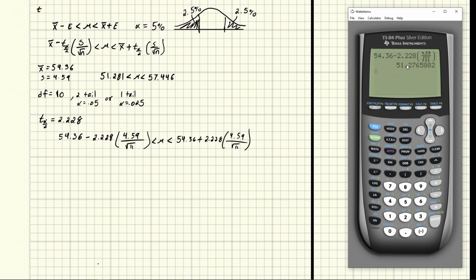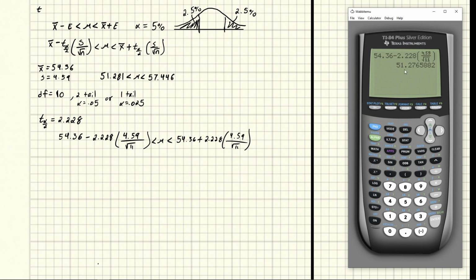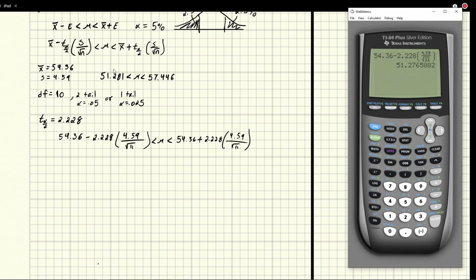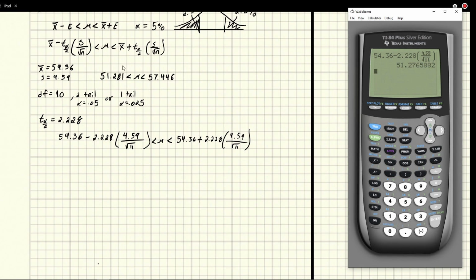That's totally okay. We are extremely close. We would have 51.28, and then over here it varies some, but we see we get an extremely similar number. This is actually more accurate probably, just because the rounding that occurs on the chart could be a little more severe. But anyways, extremely close number, so we're good there.